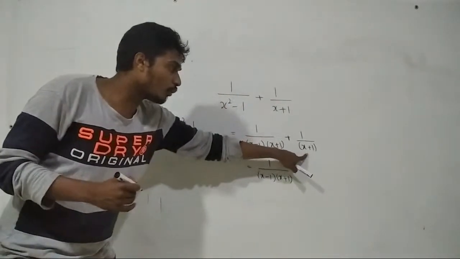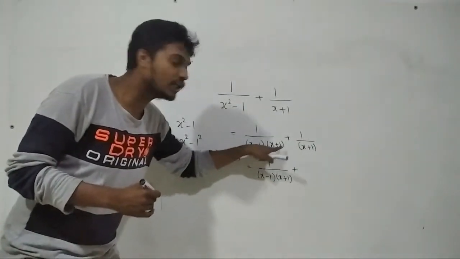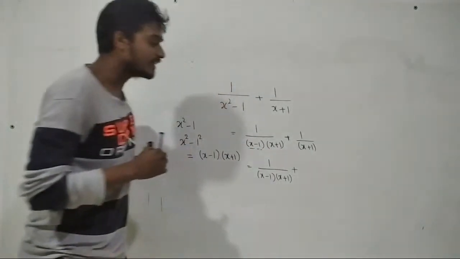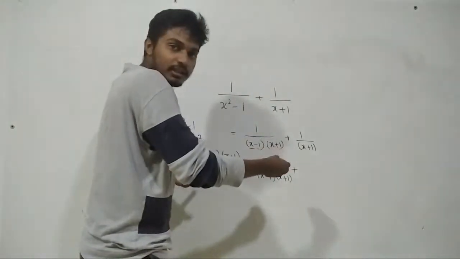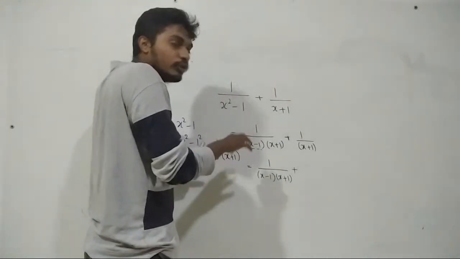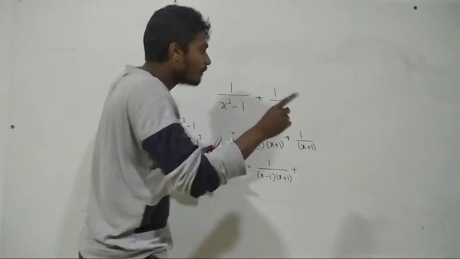The denominator over here is x plus 1, but here it's x minus 1 into x plus 1. So the term x minus 1 is an additional term. In order for us to solve this problem, we have to find the LCM. But how are we going to find the LCM?